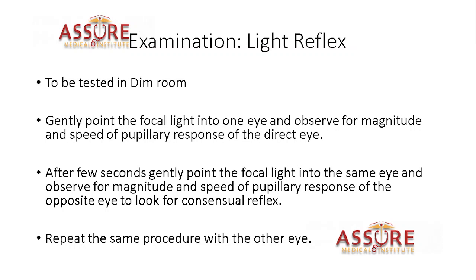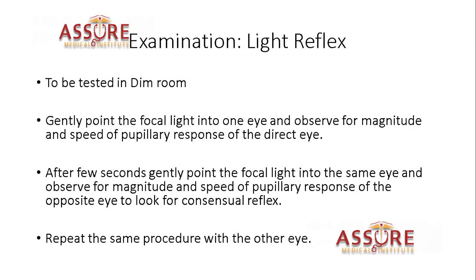There are many grades, 0 to 4. Four is usually normal and 0 is no response. After a few seconds' break, gently point the focal light into the same eye and observe the magnitude and speed of the pupillary response of the opposite eye to look for the consensual reflex.